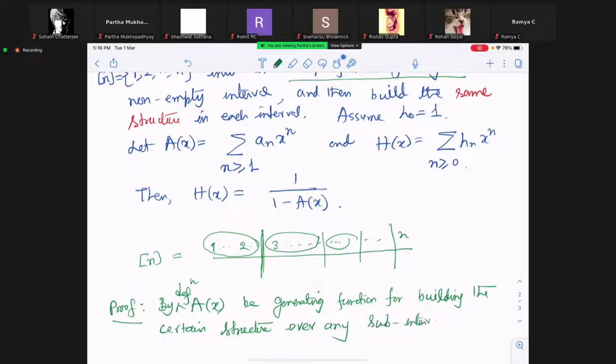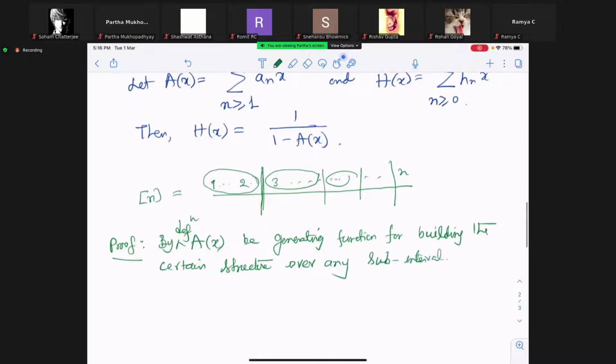And since you have not specified the number of subintervals, that k could be anything. So basically, when you have k subintervals, the generating function that corresponds to this is A(x) power k.